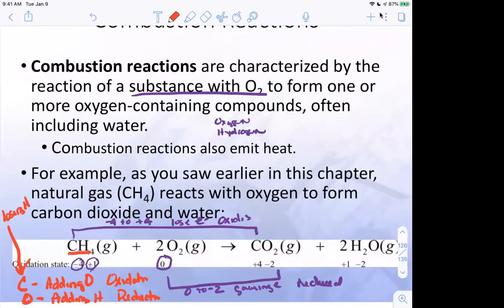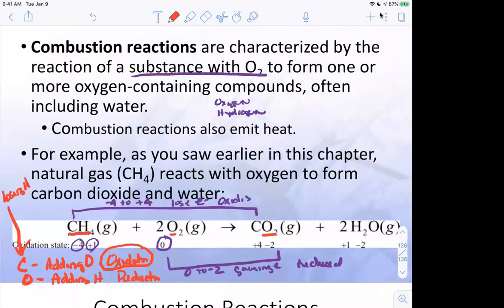In CH4, the carbon loses the 4 hydrogens and gains the 2 oxygens. By that other definition, this is defining the process of oxidation. When I look at oxygen here, it's adding hydrogen. I can't really say anything about gaining or losing oxygen because oxygen is there, but it is adding hydrogen, which is the definition of reduction in that alternative sense that we just talked about.